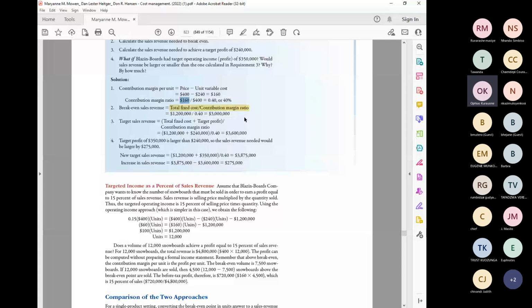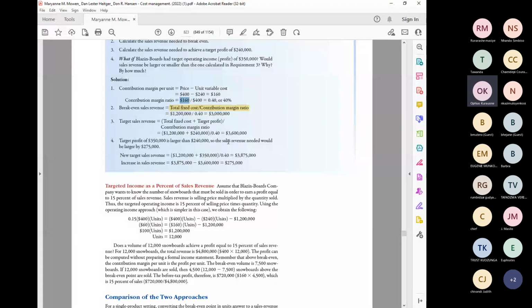It's a formula which you should understand. Then target sales revenue is the total fixed cost plus target profit divided by the contribution margin ratio. Total fixed costs are given, that is 1,200,000. Target profit is given, which is 204,000.